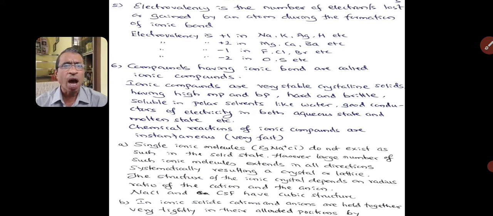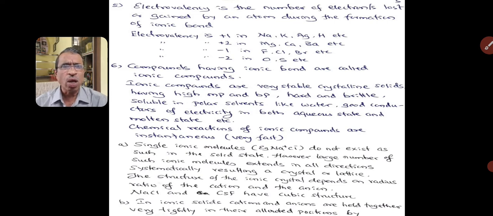Lattice means arrangement of atoms in space. The structure of the ionic crystal depends on the radius ratio of the cation and the anion. Sodium chloride and cesium fluoride have cubic structure.